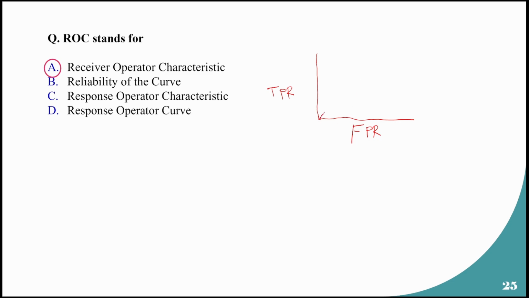If you make a plot, it will go something like this, and then you can calculate the area under the curve as well. So what do these terms mean, FPR and TPR? This is particularly an ROC curve. What could FPR and TPR mean in this case?